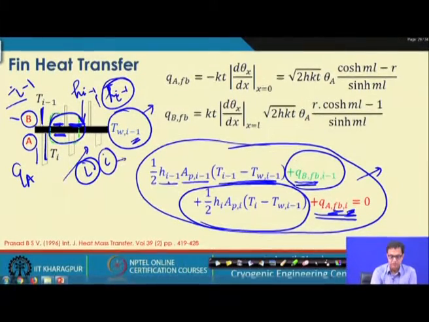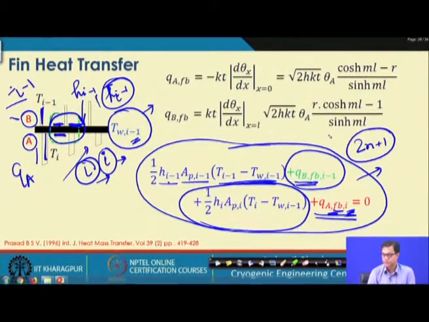We have also already estimated the heat transfer for the ith fluid. Like that, we will have n number of fluid streams and n plus 1 number of walls.